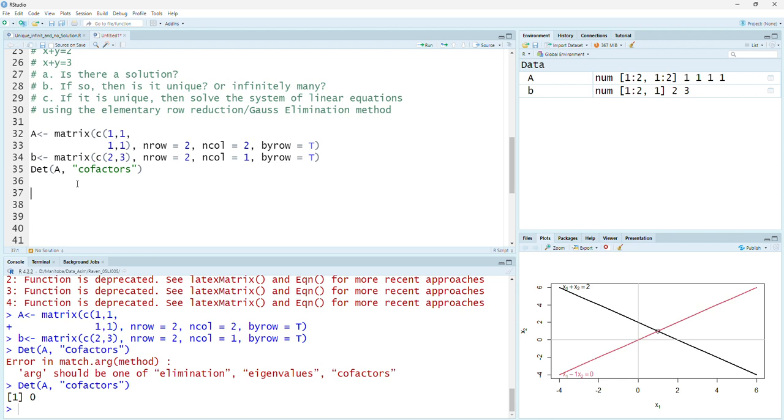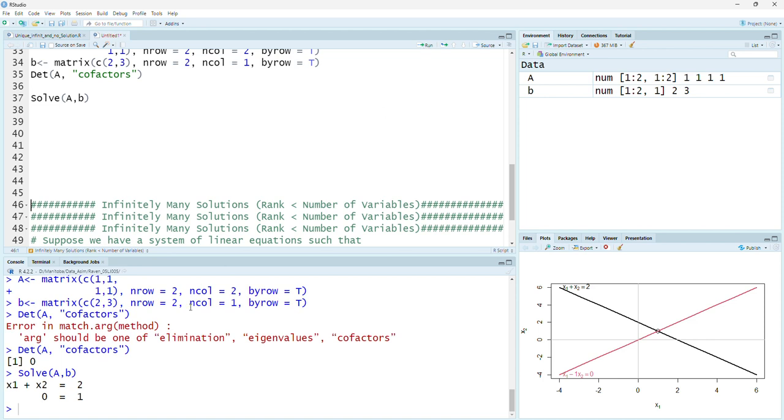I am going to solve it using A comma B. Let's check it. What is my answer? It is saying x1 plus x2 is equal to 2 and 0 is equal to 1, which is not true. It is not possible that 0 is equal to 1.